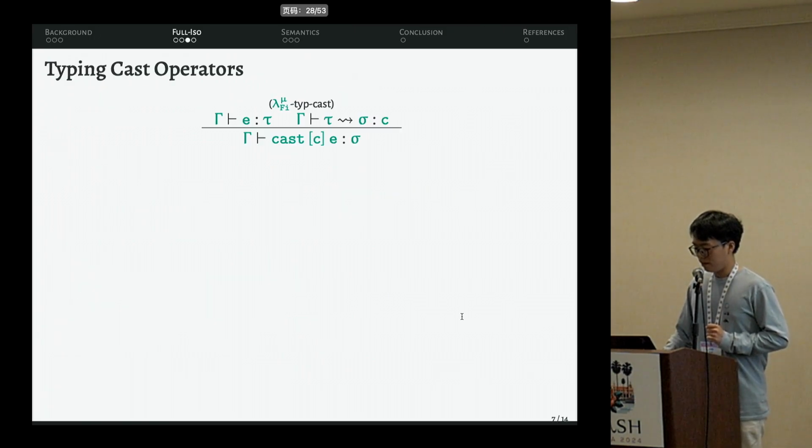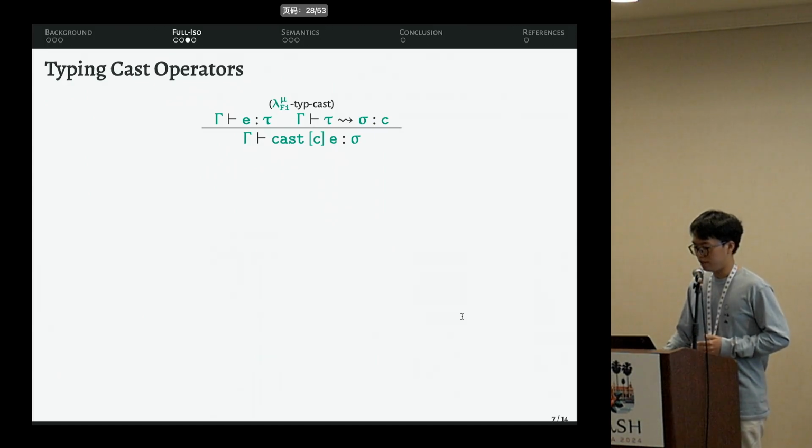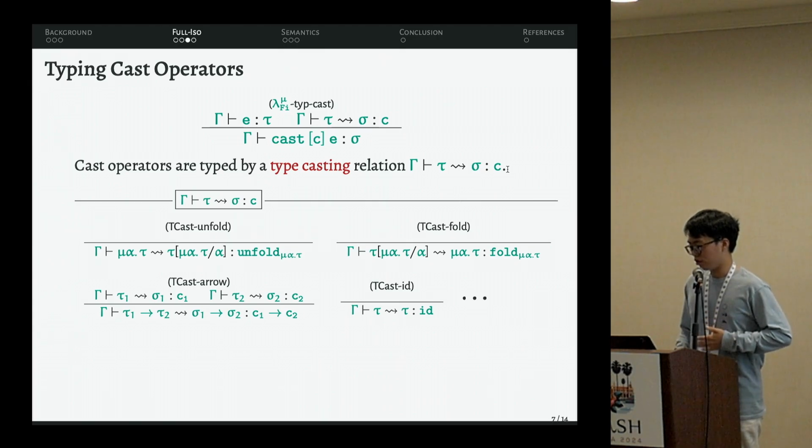In order to type these cast expressions we introduced, we define a set of typecasting rules, which are standard, just by structural induction on the cast operator. They describe what a typecast operator can transform between two types.